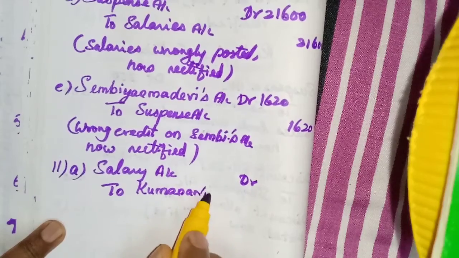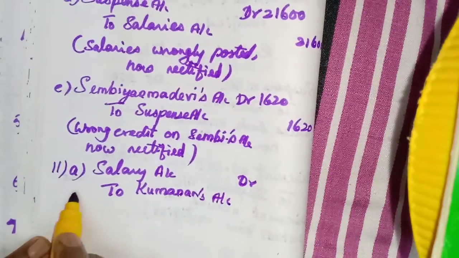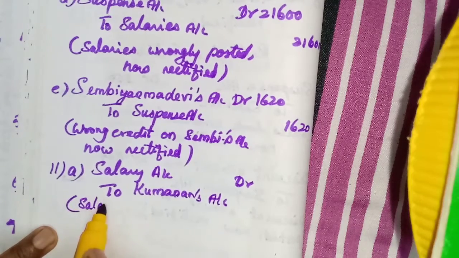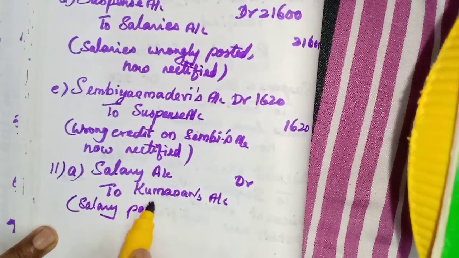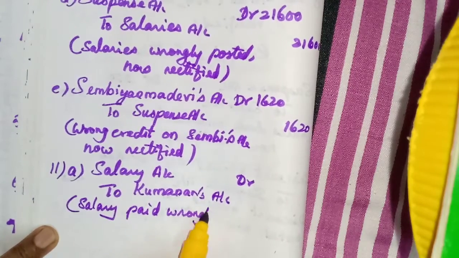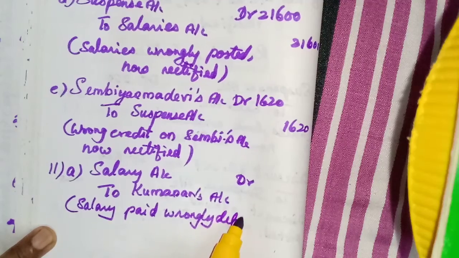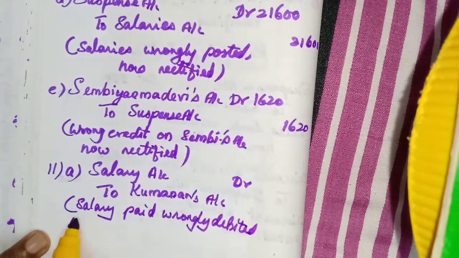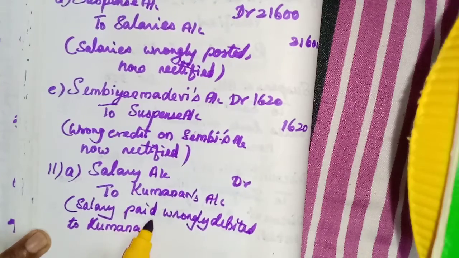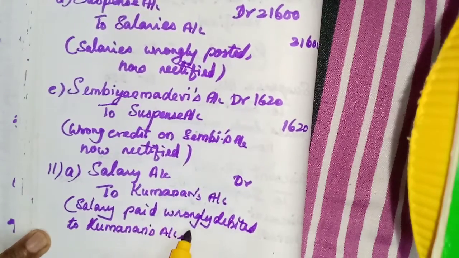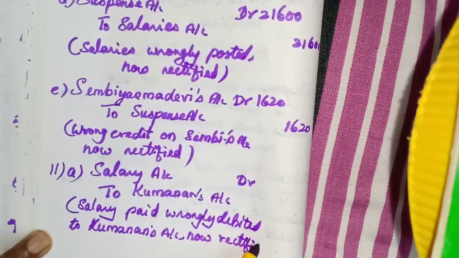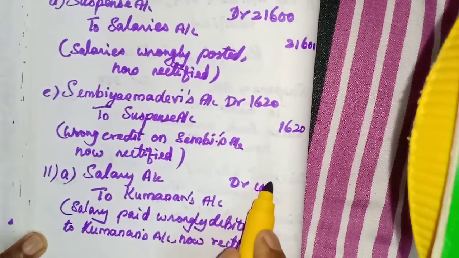Kumanan's account, salary paid wrongly debited to Kumanan's account, now rectified. Amount 10,000.